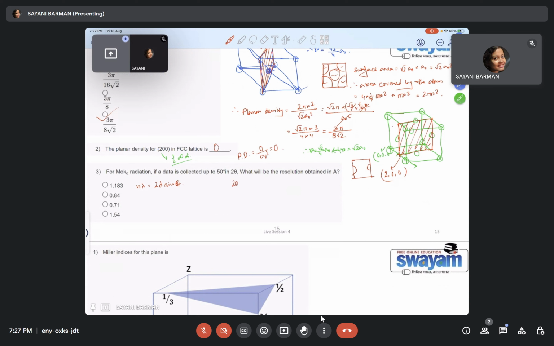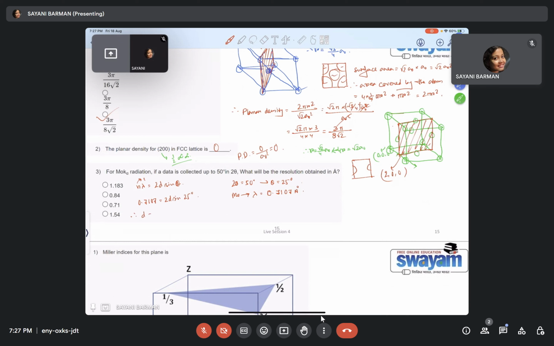Now 2 theta equals 50 degree, theta equals 25 degree. For molybdenum, the lambda is 0.7107 Armstrong. So let's say n equals 1 as a maximum value. So 0.7107 equals 2d sine 25 degree.